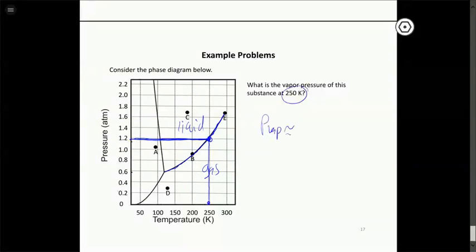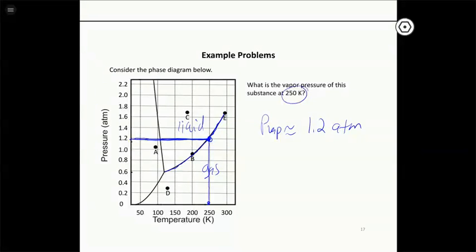So the vapor pressure in this case is around 1.2 atmospheres. Remember, this tells us the temperature at which the substance goes from liquid to gas. So that corresponds to the vapor pressure because boiling occurs when the vapor pressure equals the surrounding pressure. So if the temperature is 250 Kelvin, the vapor pressure is 1.2 atmospheres. We read that directly off of this liquid gas line.